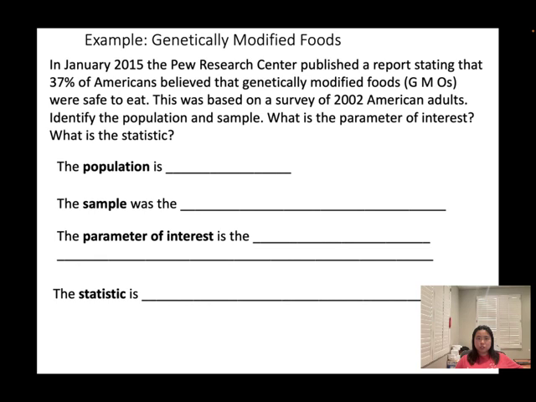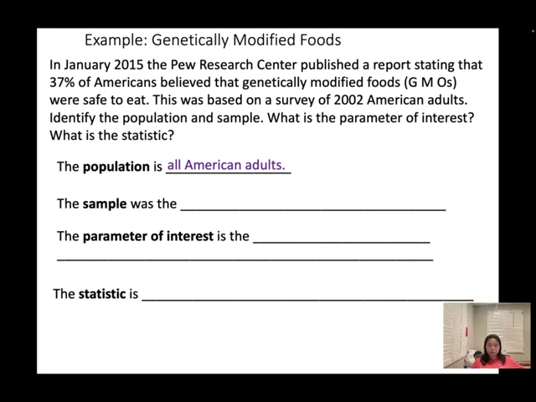What is the population? The population is all American adults. So what is your sample? This was based on a survey of 2002 American adults. And what is the parameter?